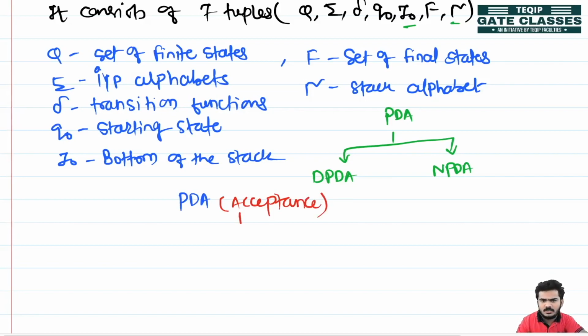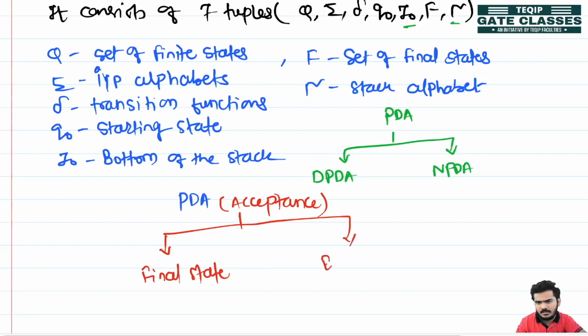It can accept through final state, or through empty stack. Both are correct ways. We can use any way.